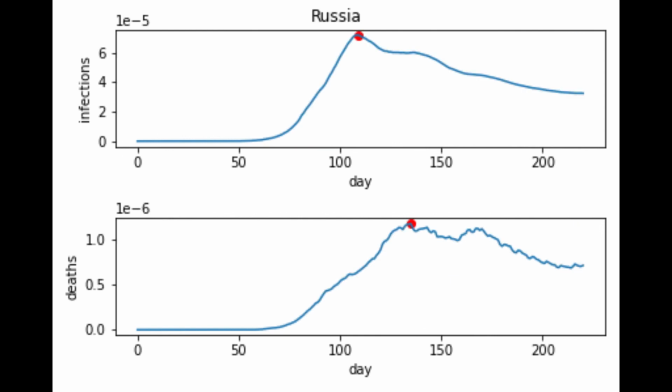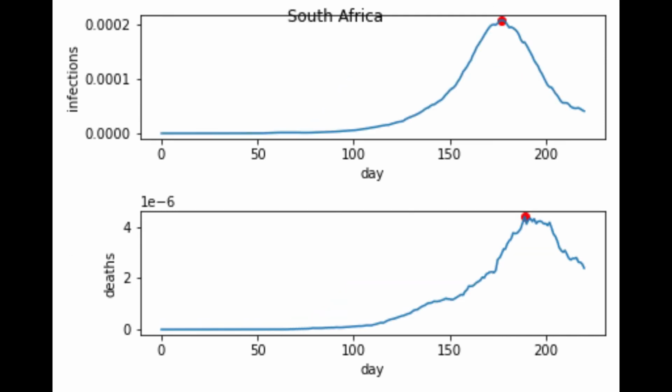Then we have a couple of countries that have seen their local maximum on infections and death, but they are still, compared to that, relatively high and slowly declining. So that's the case for Russia.